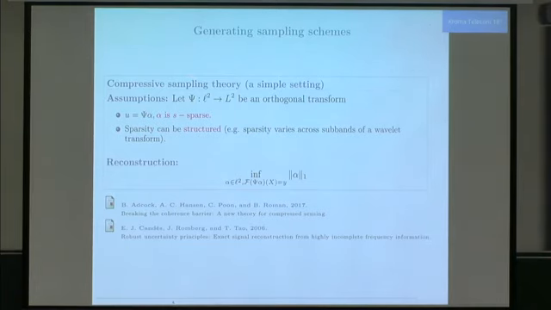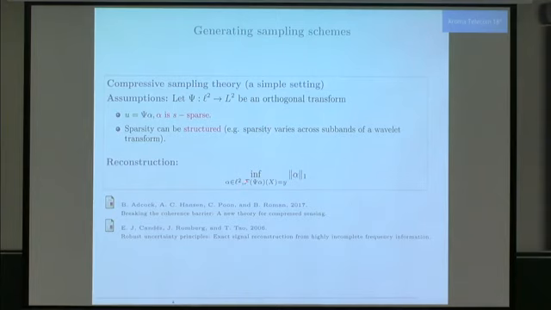And you assume that your image can be written as psi alpha, where alpha is S-sparse. And in MRI, you really need, and this is what is outlined here, to assume that the sparsity is structured. For instance, that the sparsity across the wavelet subbands is decreasing. And then under those assumptions, you can try to reconstruct your image by solving this convex program.